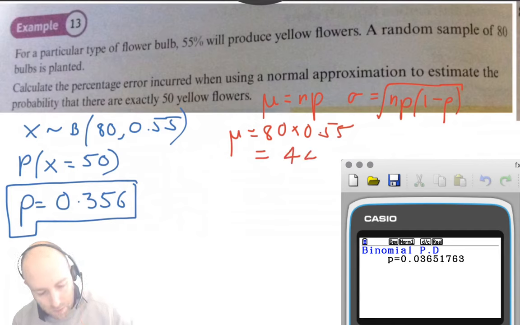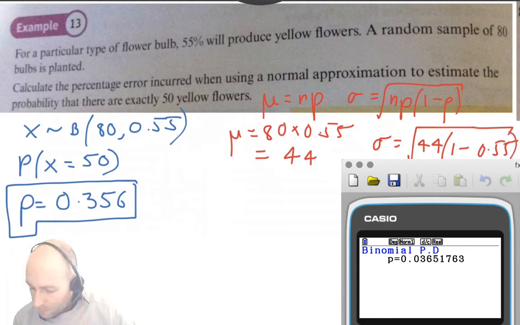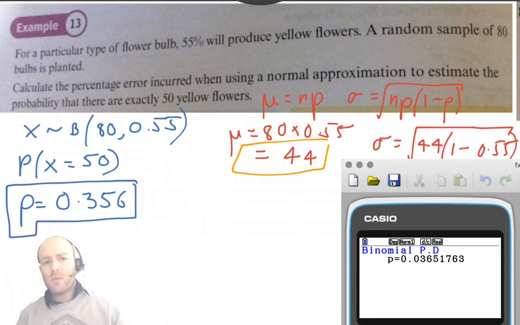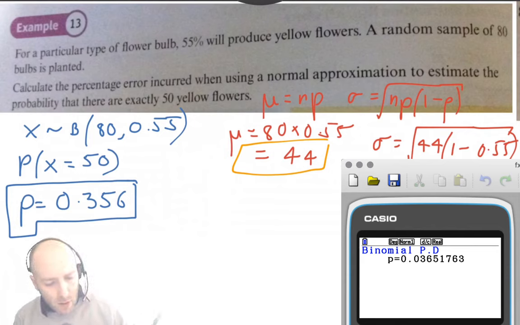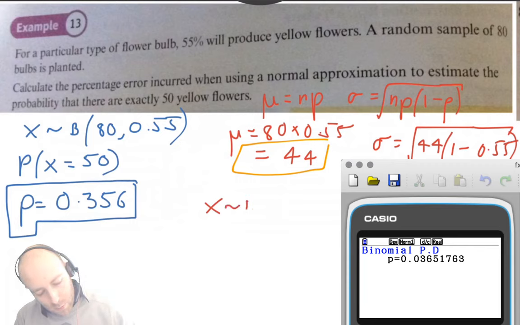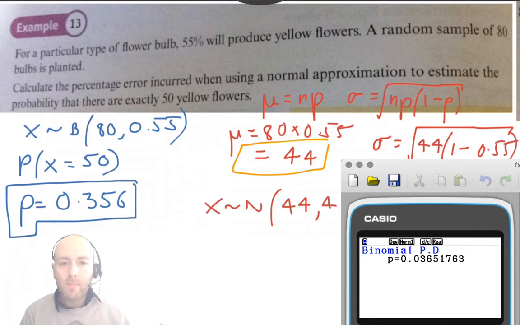And sigma is going to be square root 44 times 1 minus 0.55, which I work out to be 4.45. Dan 0.92, I made it 0.82, so have a check over that. So I can write my distribution. X is a normal with a mean of 44, a standard deviation of 4.45 squared.